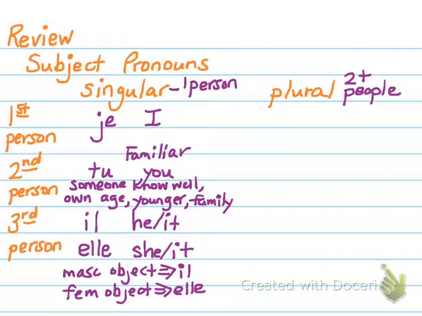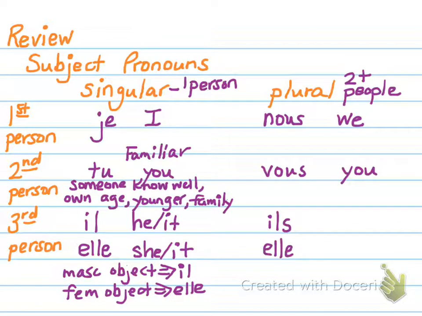For the plurals, the first person plural is nous, which means we. The second person plural is vous, which means you. And the third person plural is ils and elles, both of which mean they. They both also can mean it if we're talking about objects.